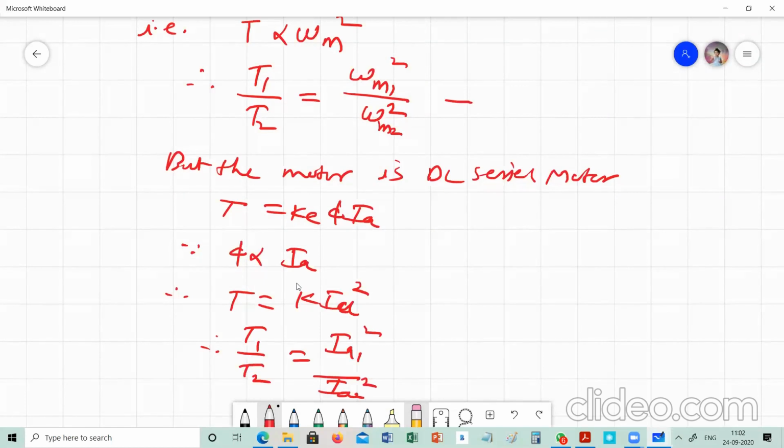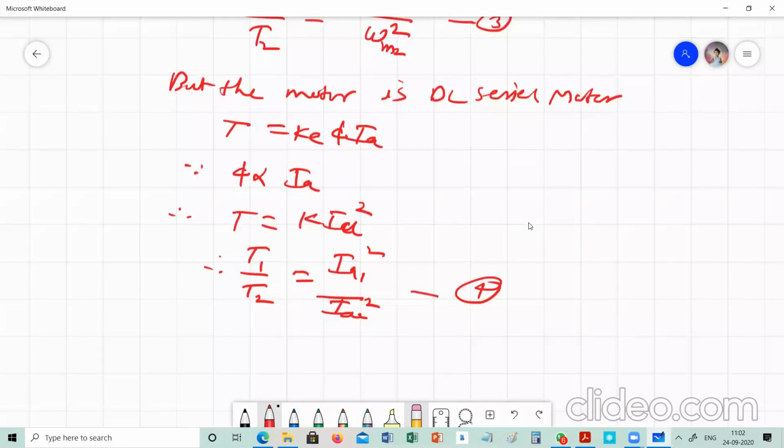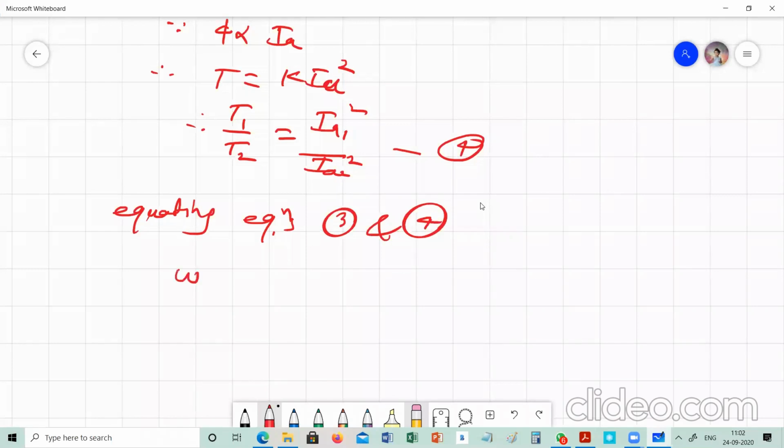I will give this equation number 3 and this is equation number 4. We can equate equation number 3 and 4 because one side of those equations is the same. Equating equations 3 and 4, what do we gain? Omega m1 square by omega m2 square is equal to IA1 square by IA2 square.